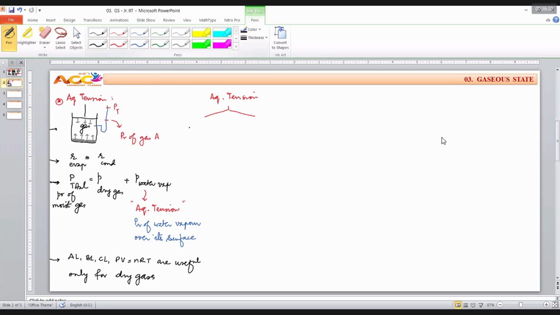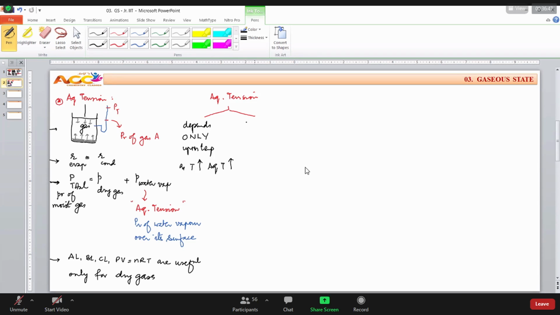Remember, aqueous tension depends only, no other factor, only upon temperature. As you increase the temperature, aqueous tension also increases. What is that? Gay-Lussac's law. Pressure is directly proportional to absolute temperature.